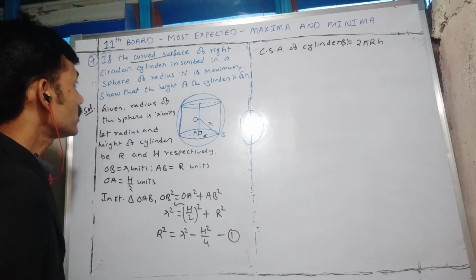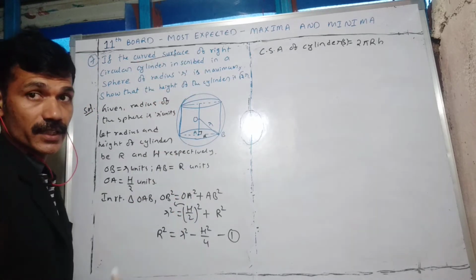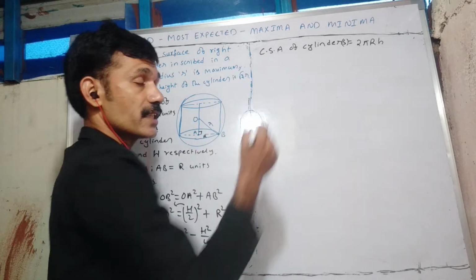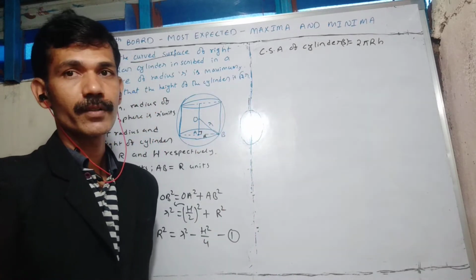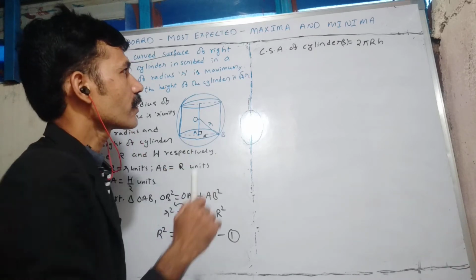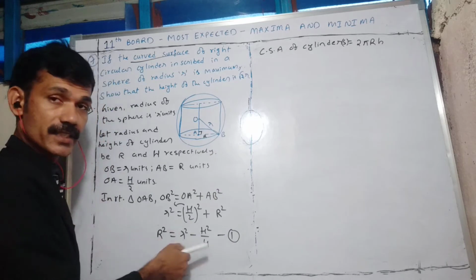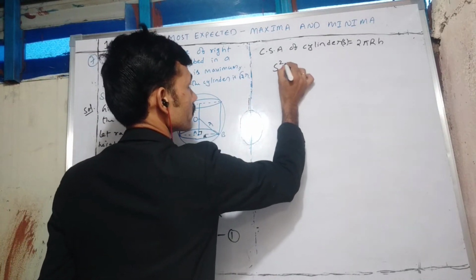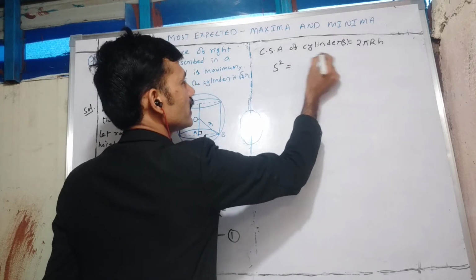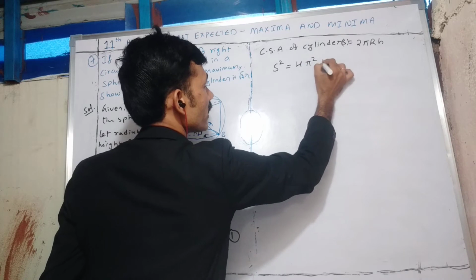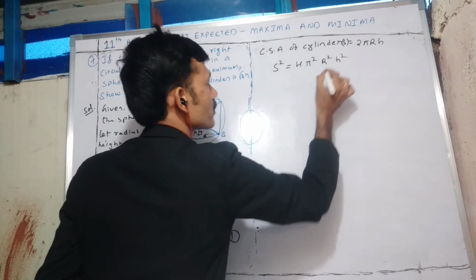Okay. Now the curved surface area of a right circular cylinder. The formula we know is 2 pi RH. But here, R square is there, so we will find S square, that is, each and every term we have to square. 2 square means 4, pi square, capital R square, H square.